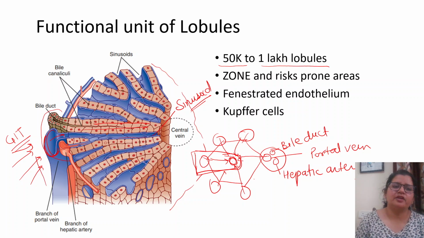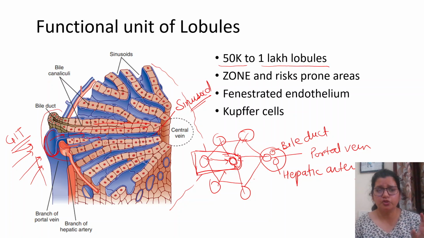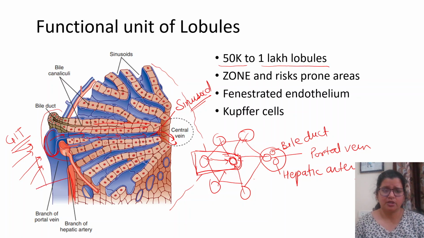The portal vein carries deoxygenated blood, but it is full of nutrients from the GIT. It runs in these sinusoids and pours the blood into the central vein. At the same place we have the hepatic artery also situated. This is your hepatic artery, which is a branch of the descending aorta.